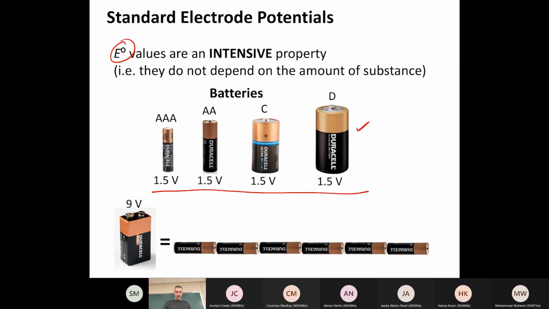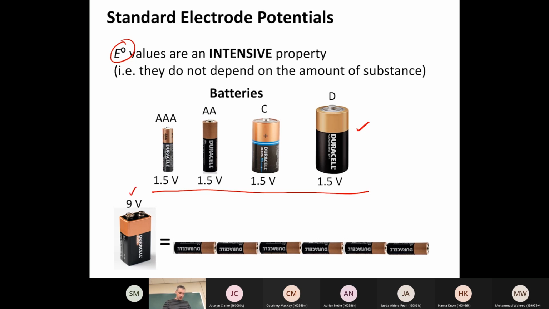So basically the D battery is exactly the same as the AAA. It'll just last longer. It'll take longer for the reaction to reach equilibrium. So you'd need a D battery in something that would draw a lot of electric current. You don't see the D batteries that often anymore.